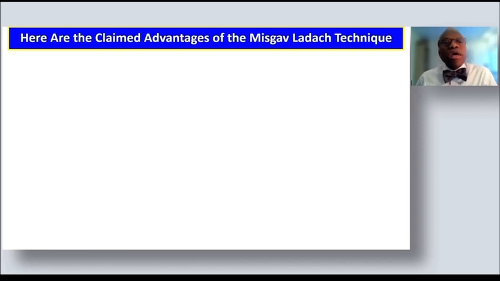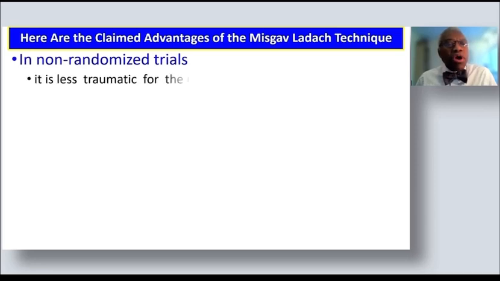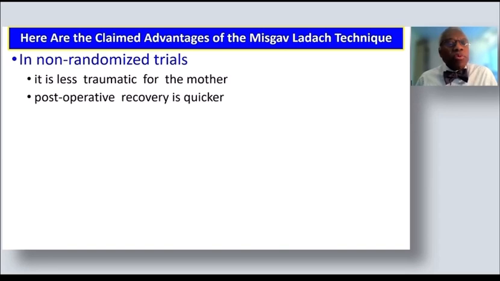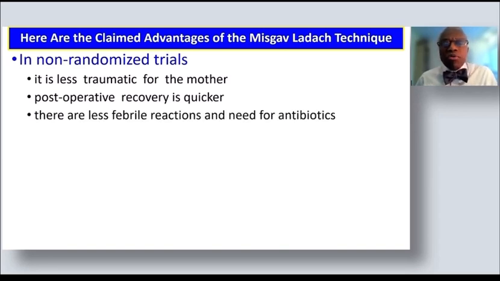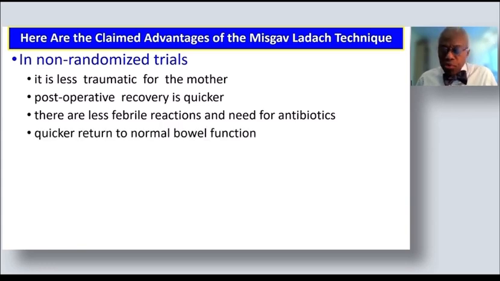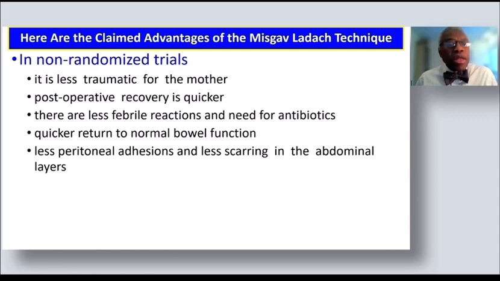Here are the claimed advantages of the Misgav-Ladach technique. In non-randomized trials, it is less traumatic for the mother. The post-operative recovery is quicker. There are fewer febrile reactions and less need for antibiotics. There is a quicker return to normal bowel function, fewer peritoneal adhesions and less scarring in the abdominal layers.